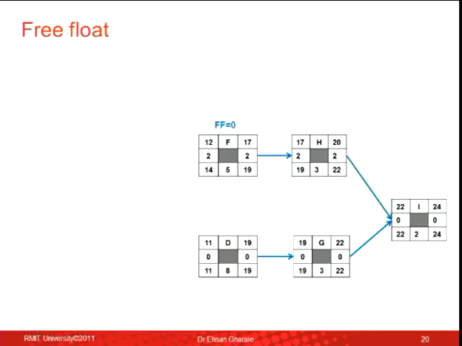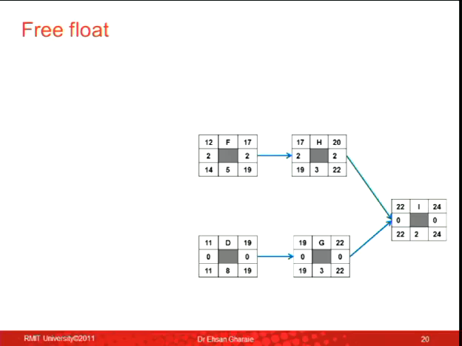So now let's look at the free float. Activity F, that one. How much is the free float for activity F? So I've had 2. The question is, what is the free float for activity F? I've had 0, I've had 2. Who says 2? Yes? Why 2?